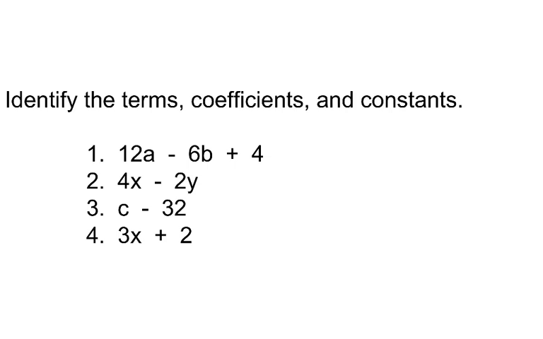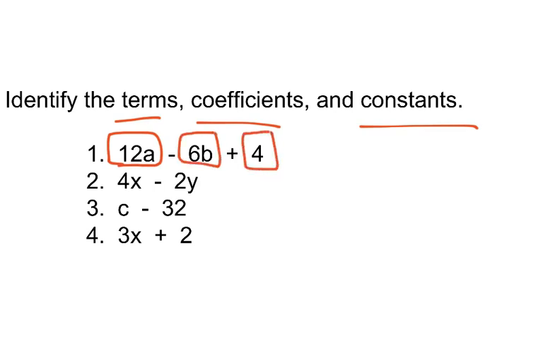In these four, we're going to identify the terms, the coefficients, and the constants. In this first one, we have the terms 12a, 6b, and 4. So we have three terms. Separating the terms is subtraction and addition.